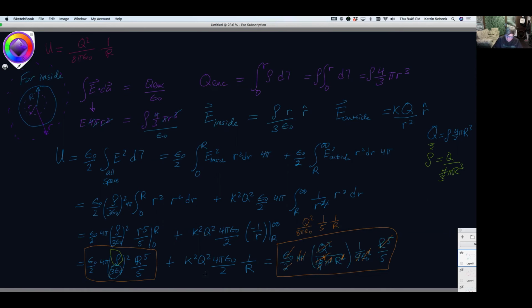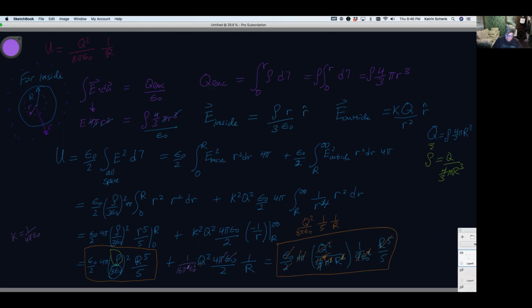Let's remember what k is. k is 1 over 4 pi epsilon naught, so k squared is 1 over 16 pi squared epsilon naught squared. Instead of writing this, I'm going to do my algebra by erasure. So this is 1 over 16 pi squared epsilon naught squared. Now I can do some canceling. This pi gets rid of one of these pi's.